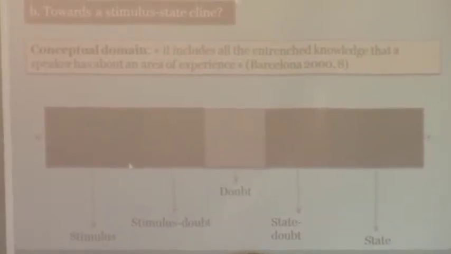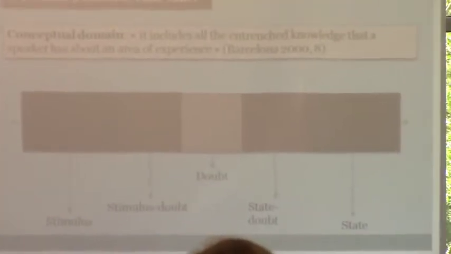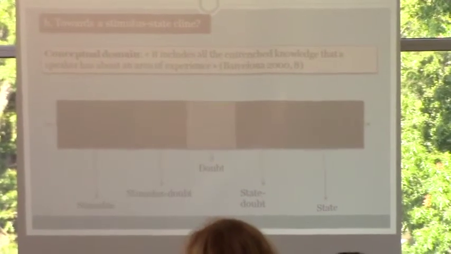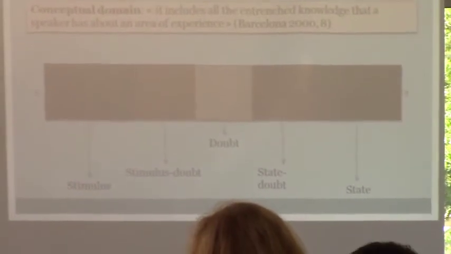As observed by Barcelona, it includes all the entrenched knowledge that a speaker has about an area of experience. Like the definition of the prototype, the definition of the conceptual domain is culturally marked, and it may vary from one speaker to another.